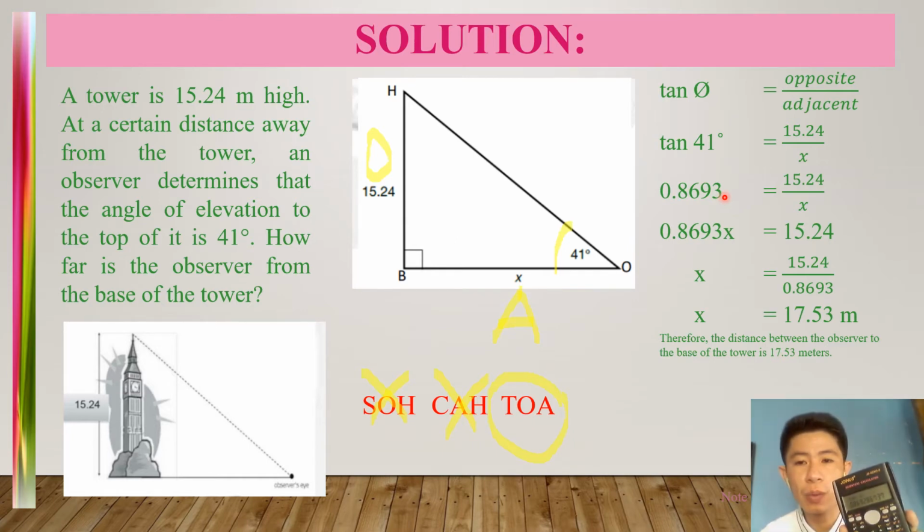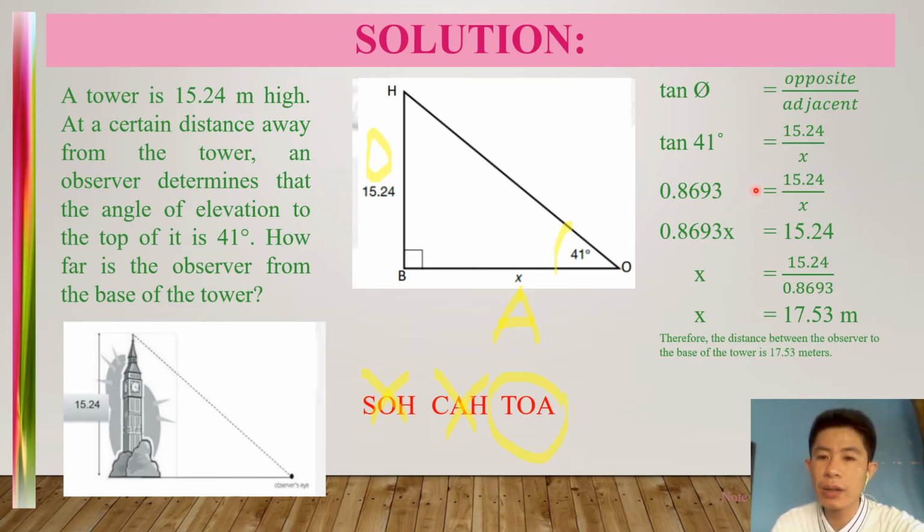Tangent 41 is a non-terminating, non-repeating decimal. So we will just get 4 decimal numbers, but make sure to round it off. So it is 0.86928. We will round it up to 0.8693. So tangent 41 is 0.8693 equals 15.24 divided by x.